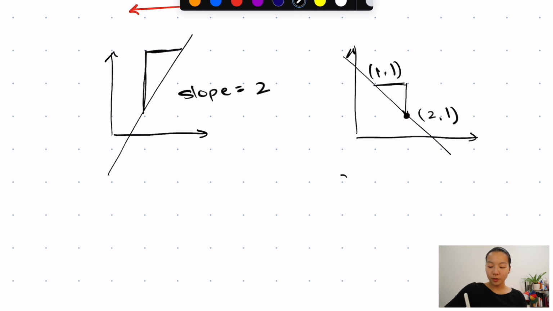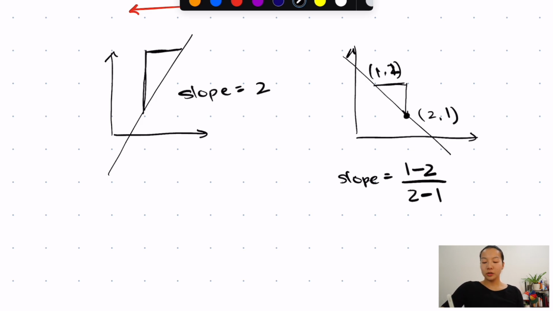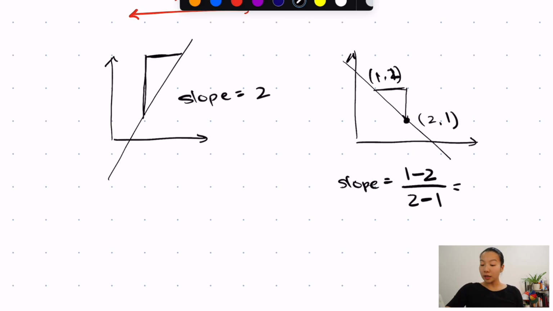Then our slope is going to be the change in y, which is, sorry, that should be 1, 2. Our slope here is 1 minus 2 over 2 minus 1, which is going to be equal to -1. So this slope is actually equal to -1. And any slope that goes downwards from left to right is going to be a negative slope.